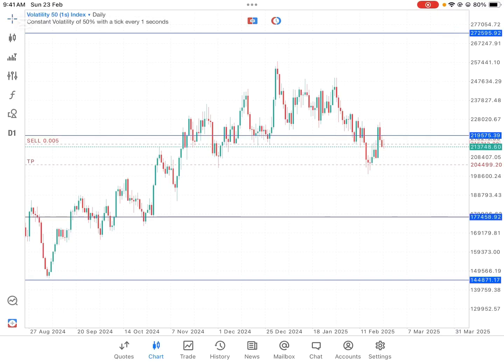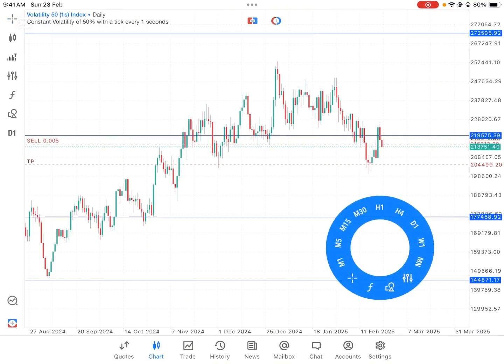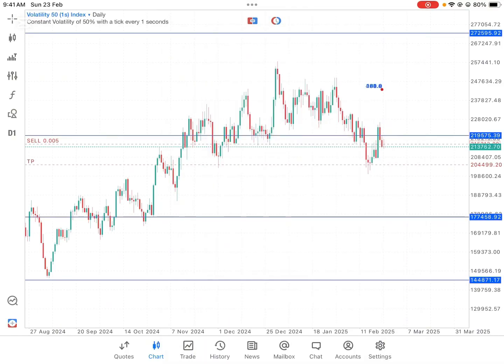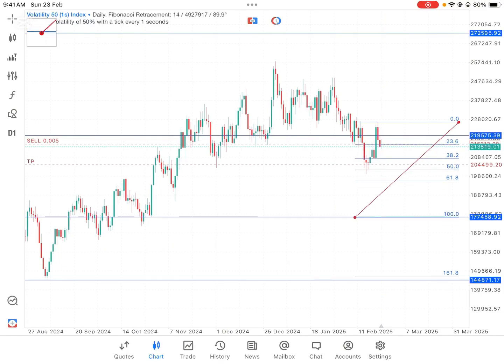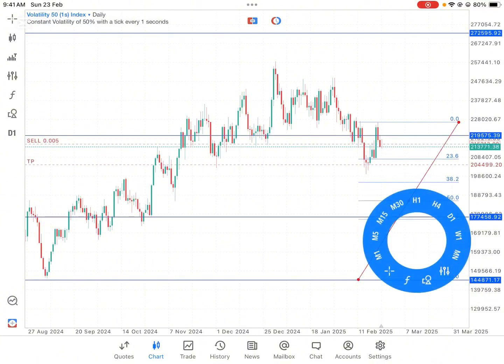Remember, okay, now let's try to use our Fibonacci to get those values right. For me, this angle started selling from here. Then I said that we should try to target this low here, but the overall low is actually here.